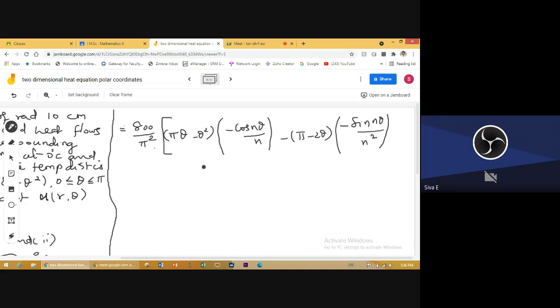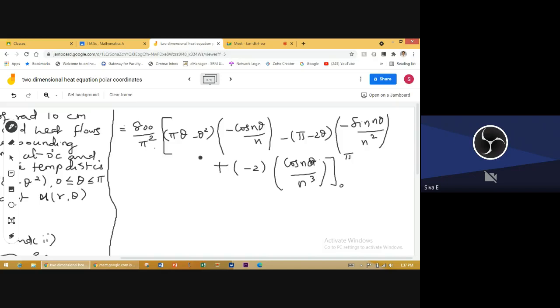Okay, close it. Then alternate minus plus, plus differentiation of pi minus 2 theta is minus 2, integration of minus sine is plus cos n theta by n cube, 0 to pi.